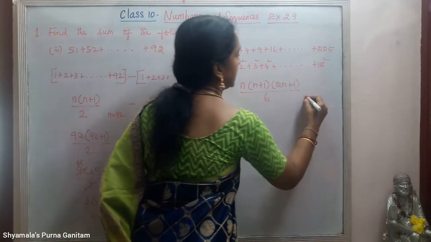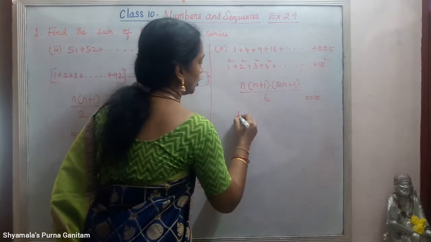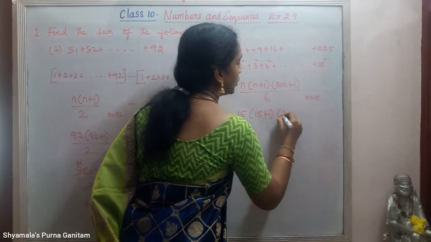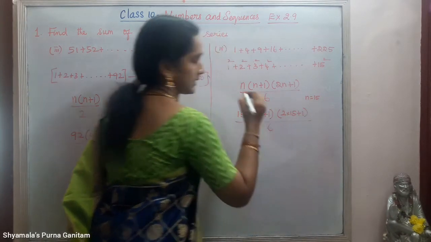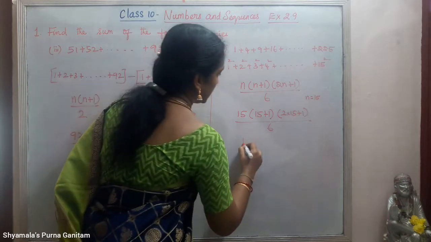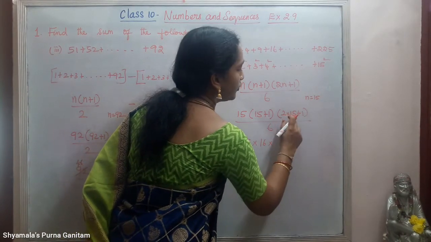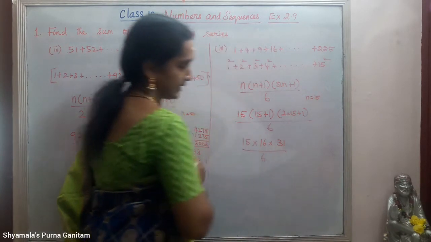So here n is equal to 15, given. So 15 into 15 plus 1 into 2 into 15 plus 1 by 6. So 15 into 16 into 30 plus 1, 31, by 6.